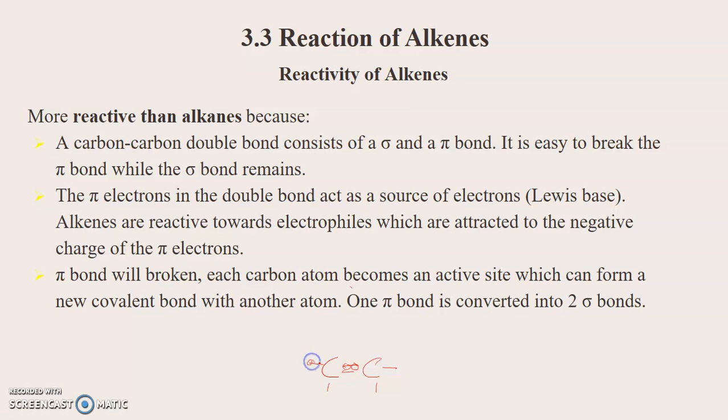Kat bond sini pun ada dua electron, bond sini pun ada dua. So we have sigma and pi. Okay, the one that will break is the pi bond. So one electron goes to this carbon, produce two active sites.